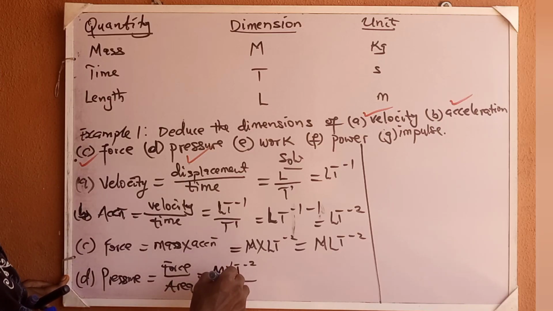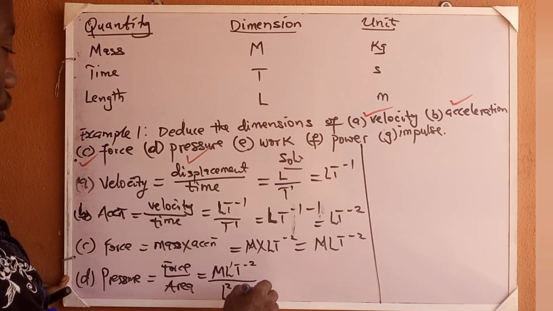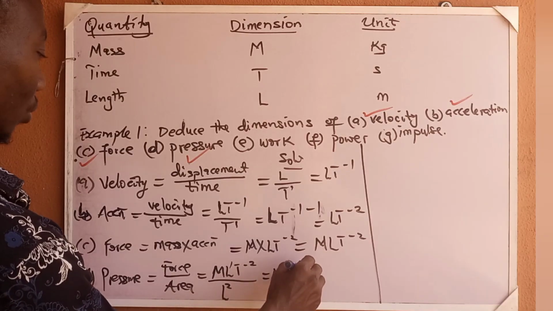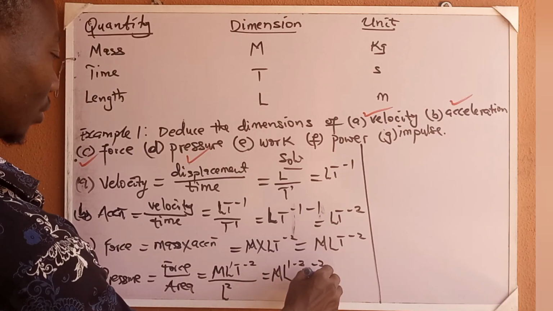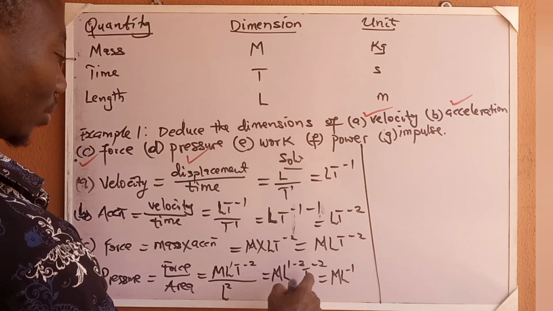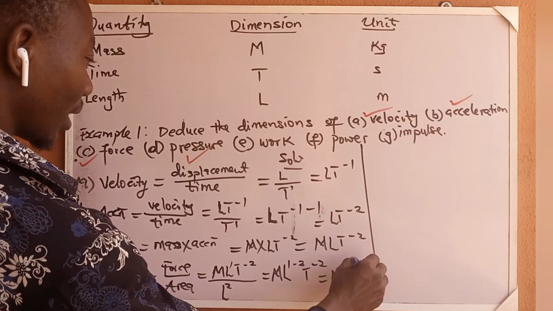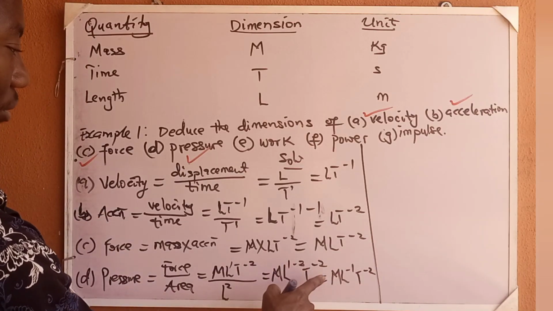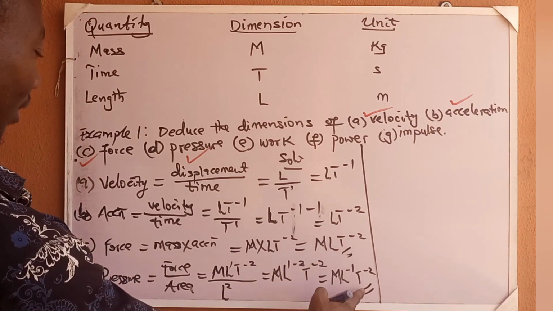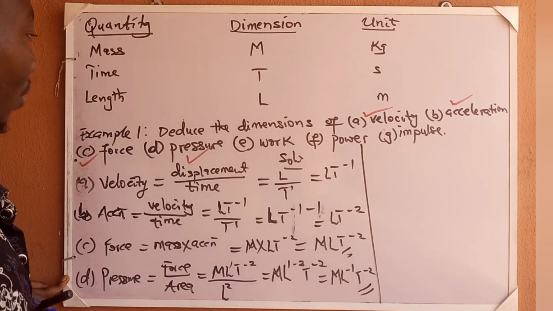So by indices, we have L here up and L squared down. So we're going to subtract these two from this one, and that gives us ML to the power 1 minus 2, then T to power minus 2, giving us ML inverse T minus 2. That is 1 minus 2, giving us minus 1, and we have this. So that is the dimension of pressure.